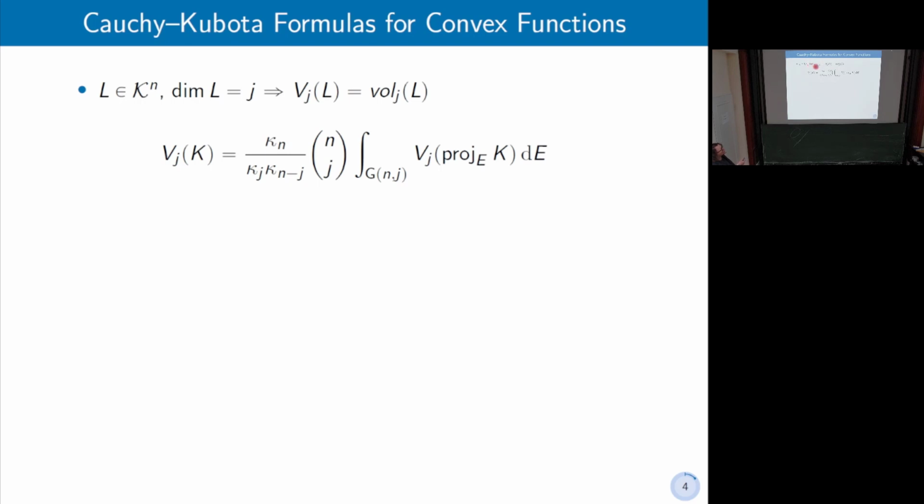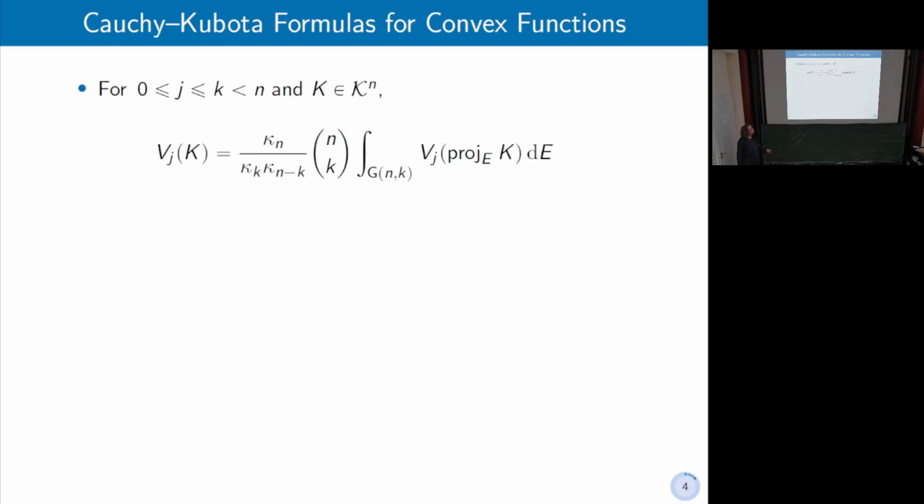If the body is j-dimensional, then the volume is the same as the intrinsic volume, so I can write the formula out in this way. And then I could also, and this is what Kubota was doing, extend this for any k greater or equal to j. This is an extension of the same formula.